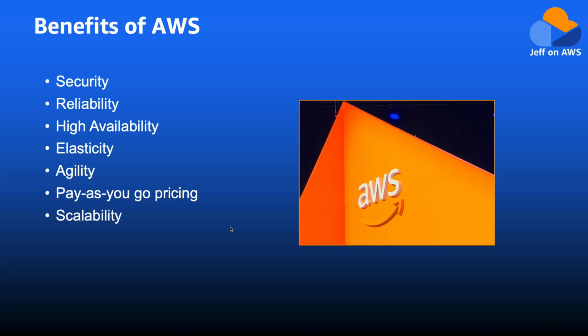We'll talk about how you easily scale up and down as your business requirements or your load on your systems increases or decreases. We're going to talk about the global reach of the AWS data centers and regions and availability zones. And then lastly, we're going to talk about the economies of scale that AWS provides.